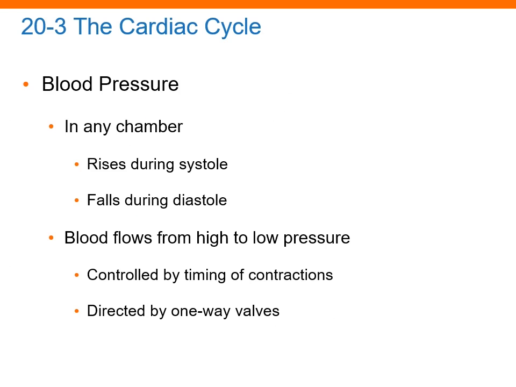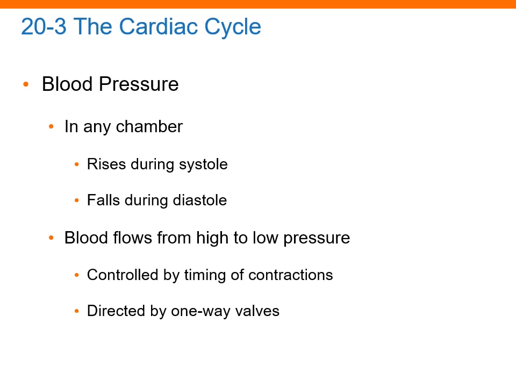Just some more basics on the cardiac cycle. The blood pressure in any chamber would rise during systole within that chamber. If we're talking about atrial systole, the blood pressure rises as the chamber volume gets smaller. It's putting pressure on that blood, and then it falls during diastole. Blood flows from high to low pressure in every case.